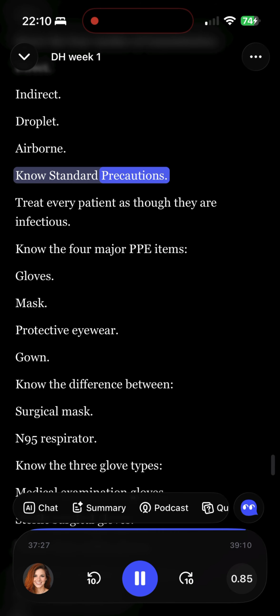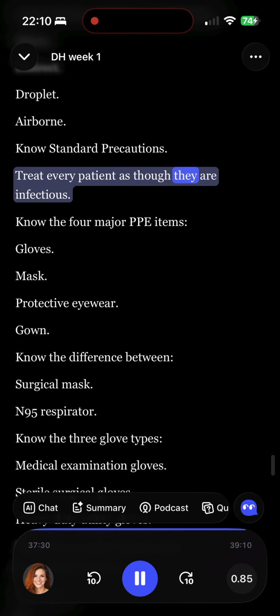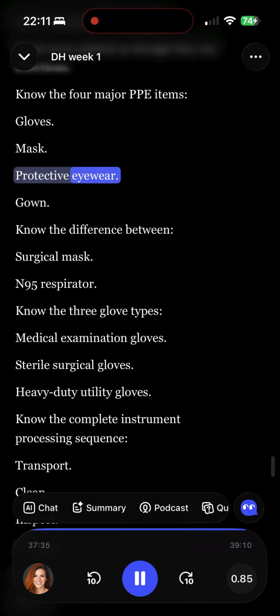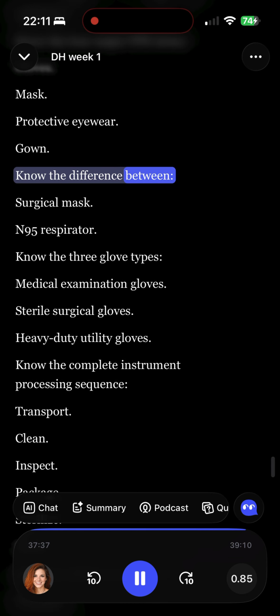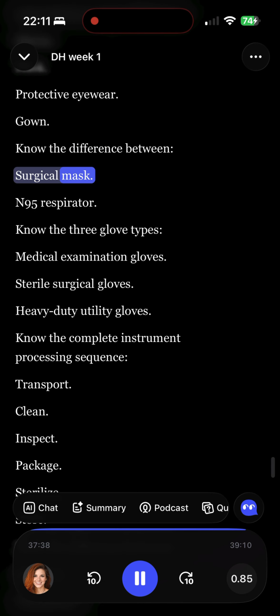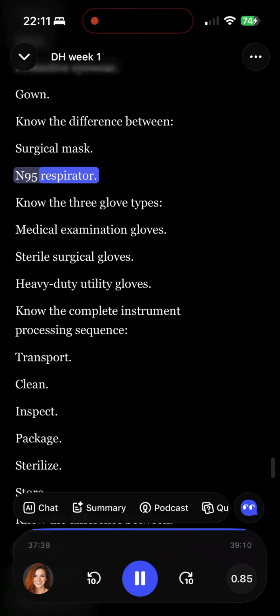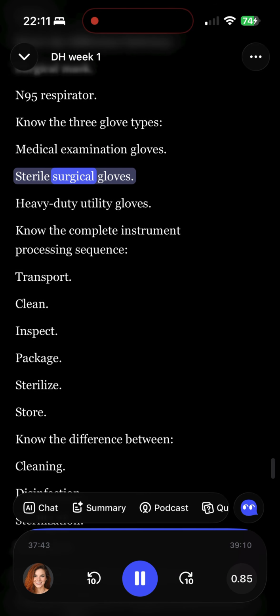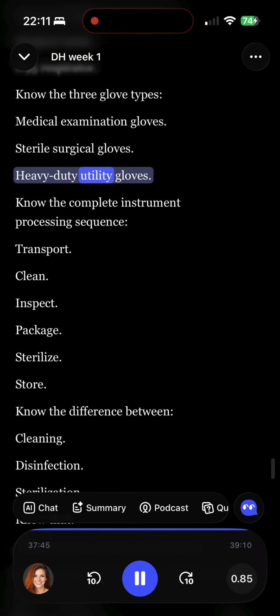Know standard precautions. Treat every patient as though they are infectious. Know the 4 major PPE items: gloves, mask, protective eyewear, gown. Know the difference between surgical mask and N95 respirator. Know the 3 glove types: medical examination gloves, sterile surgical gloves, heavy-duty utility gloves.